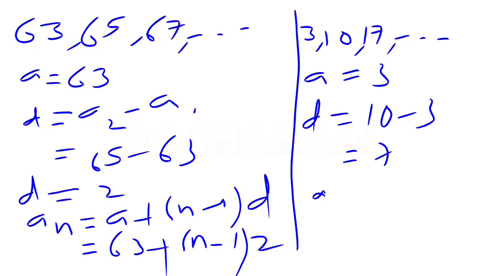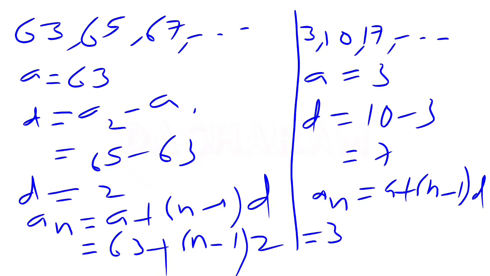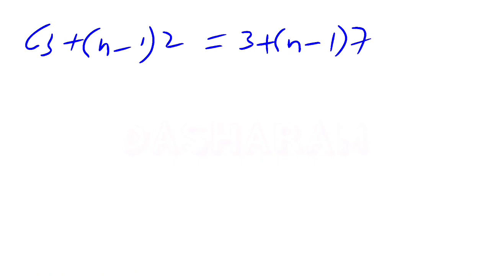So an equals a plus n minus 1 into d, with a value 3 plus n minus 1 into 7. As per the question, these two are equal.